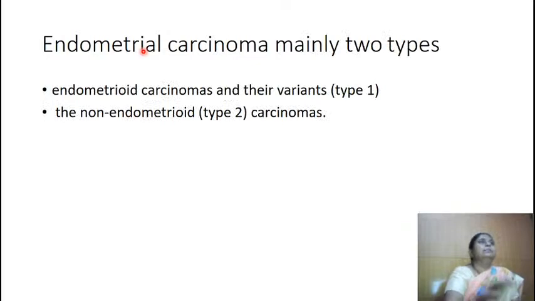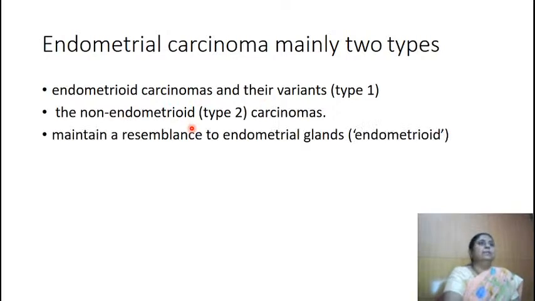So, endometrial carcinomas are mainly of two types. The endometrioid carcinoma and its variants, which is type 1, and the non-endometrioid carcinoma, which is type 2. The maintenance of the resemblance to the endometrial glands, which is called the differentiation of the tumor, is the meaning of the term endometrioid carcinoma.